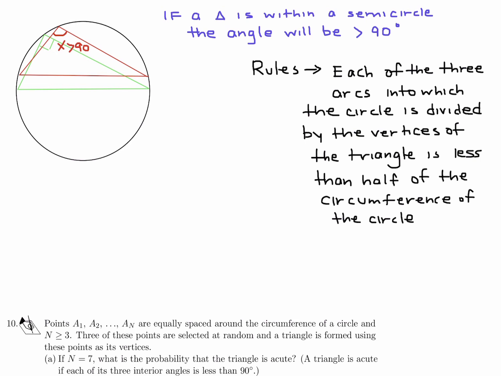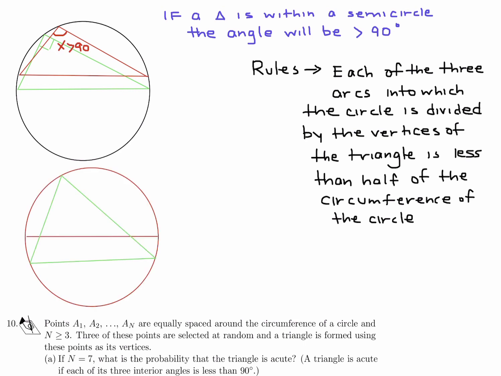So let me draw a circle and a triangle and illustrate what this rule means. Here we have a circle, and that red line is the diameter that I drew across, and then I drew a triangle in green. Now, each of the 3 arcs, what are the 3 arcs? This is arc number 1, this is arc number 2, and this is arc number 3.